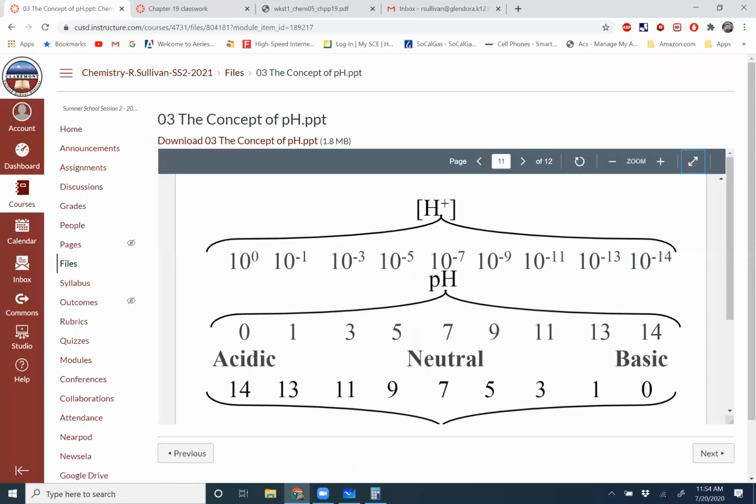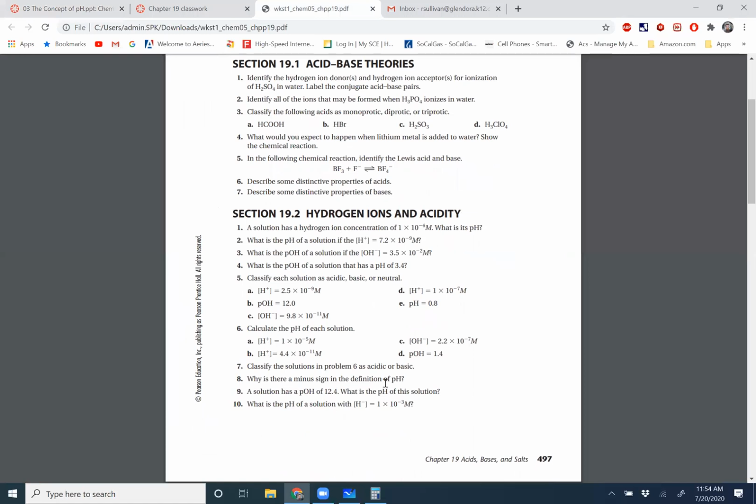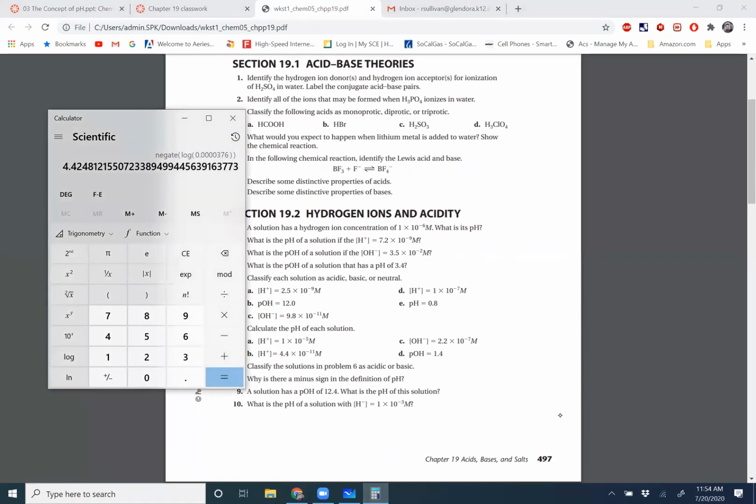So if we look at your homework, it says, what is the pH of a solution? And it gives this number right here. So let's go ahead and put that into our calculator. Now, right off the bat, you can just look at the power of hydrogen and ask, is this acid or base?